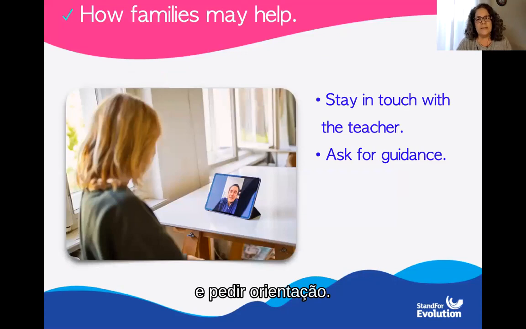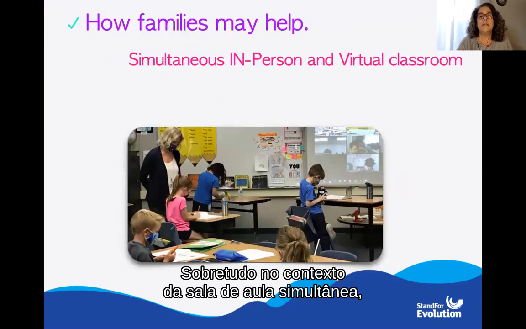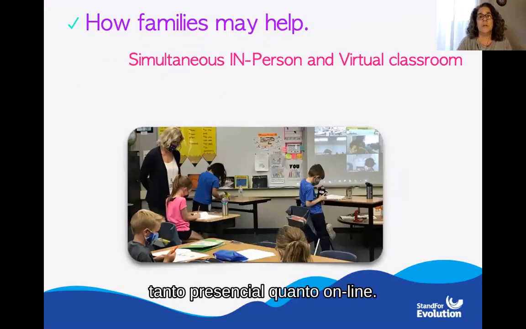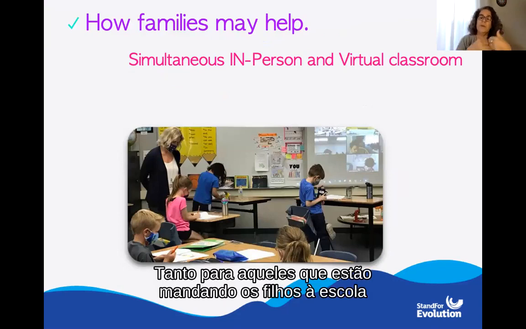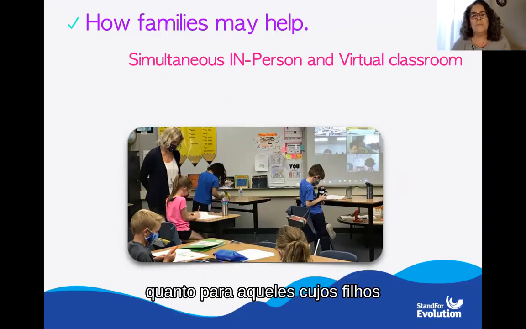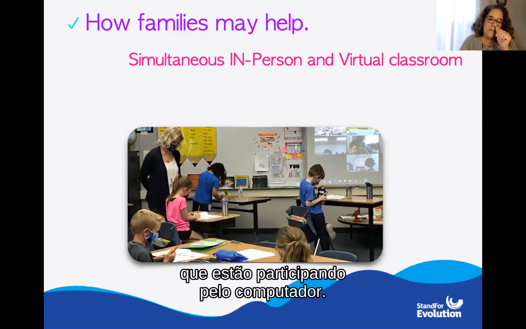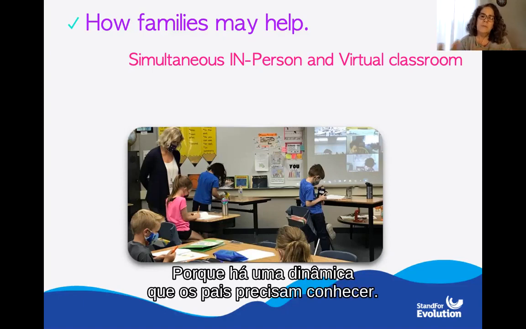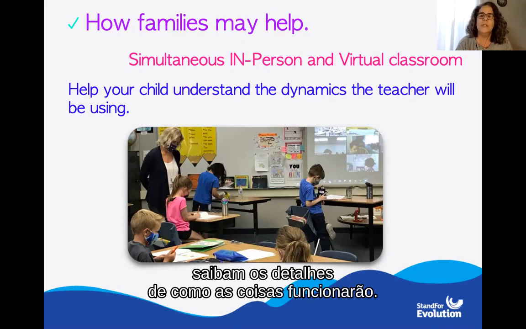And ask for guidance, because it's very important that you ask the teacher for guidance, mainly in the context of simultaneous in-person and virtual classroom, because the teacher should provide thorough guidelines for parents, both the ones who are sending their kids to school or the ones who are having their children participate in the classroom through the computer, because there should be a dynamic that parents might know.